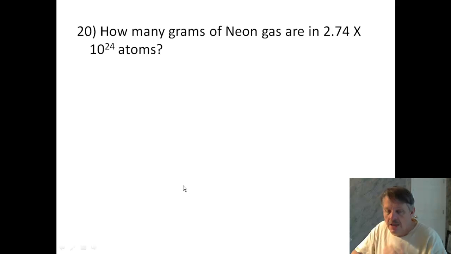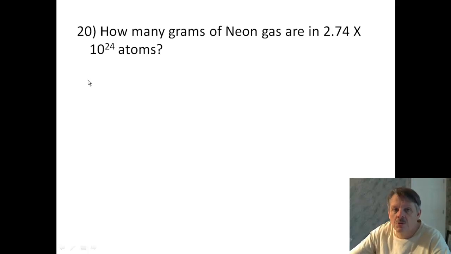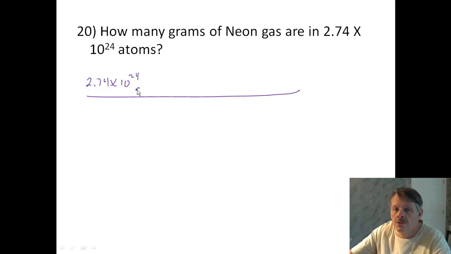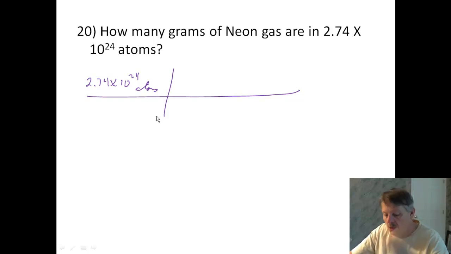Okay, last problem. How many grams of neon gas, while we're still using that 20.180, are in 2.74 times 10 to the 24th atoms? So 2.74 times 10 to the 24th. Those are atoms. And we're going to go from atoms to moles.